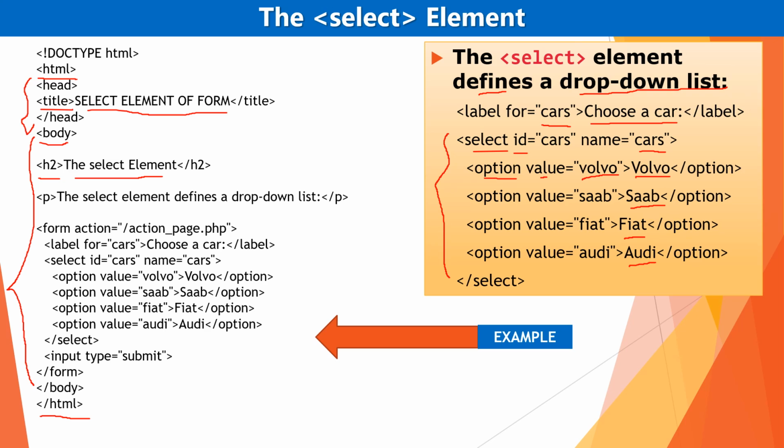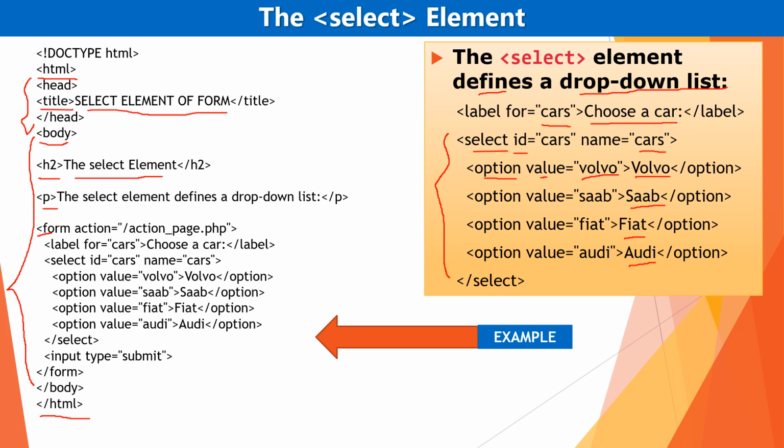Then next is a P tag, that is a paragraph tag. It will show the sentence: the select element defines a drop down list. This drop down list is given here. Now the form tag is displayed here.